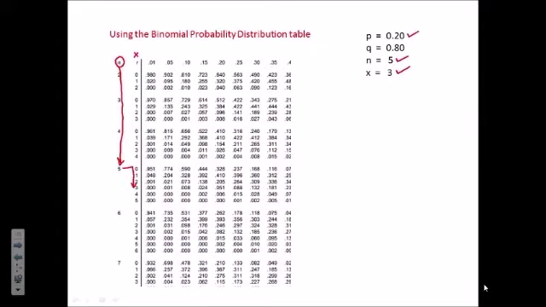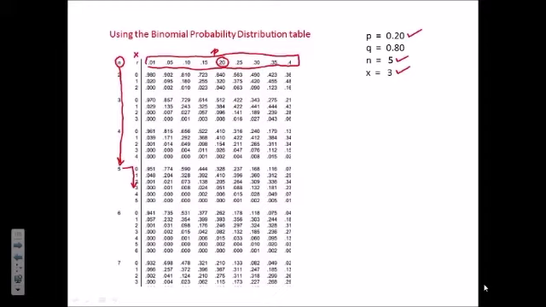The next thing we need is P. The probability of success is 20%, and the P values are across this top row, and P is 20% is here.